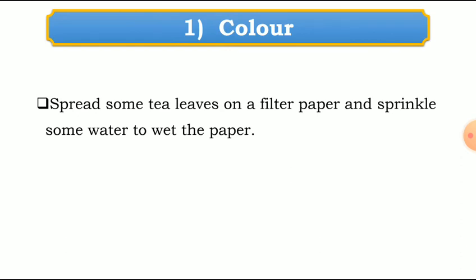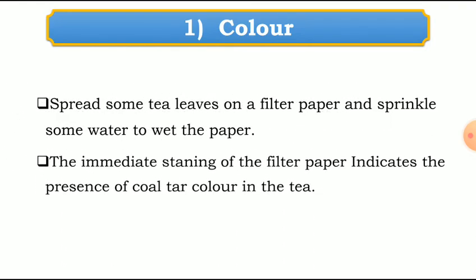Spread some tea leaves on a filter paper and sprinkle some water to wet the paper. Then the immediate staining of the filter paper indicates the presence of coal tar color in the tea. This is the simplest procedure to find color as an adulterant in tea.